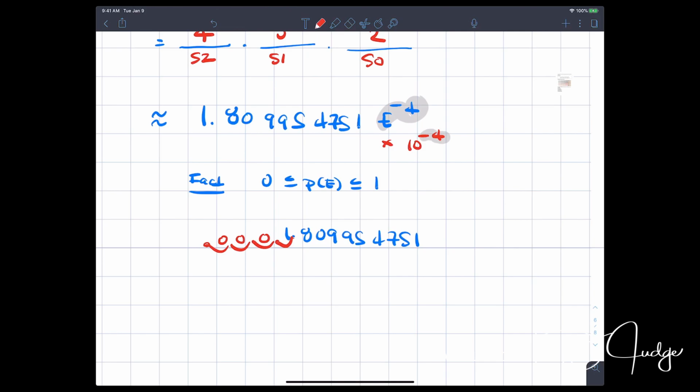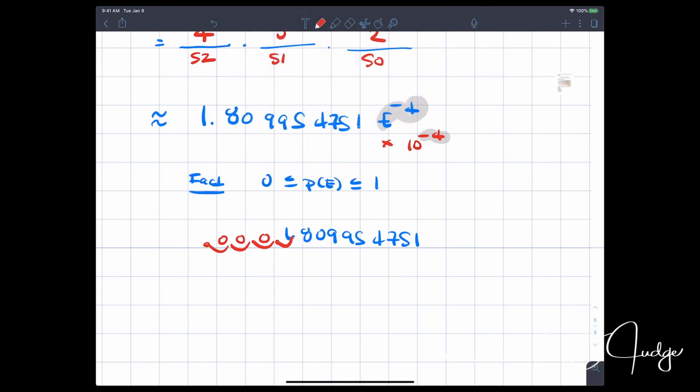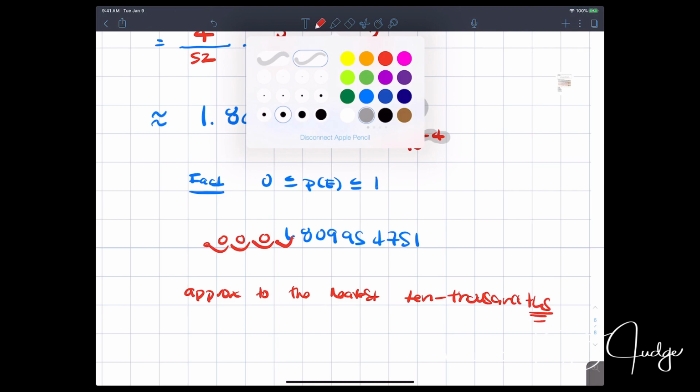So what I'm going to do today, when we approximate our answer, I want to approximate to the nearest 10 what? 10 thousandths. Or maybe we should do 100 thousandths. Okay, so this morning, let's do 100 thousandths.